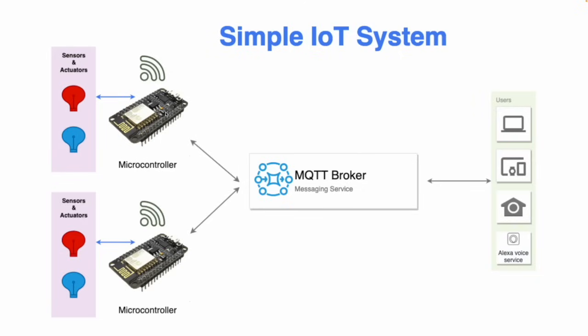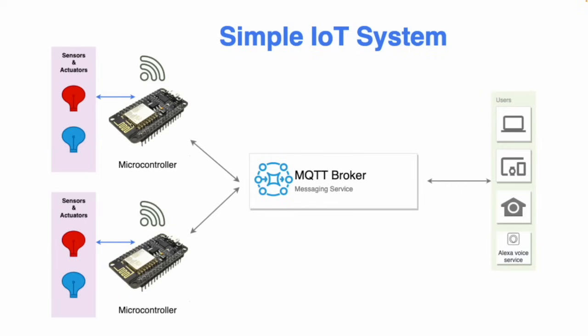As a publisher, we would have a sensor. We'll probably measure something from a sensor and publish it to a particular telemetry channel, which would go through the broker, and from our computer or mobile devices, we would be able to see the data from that sensor coming from that telemetry channel.